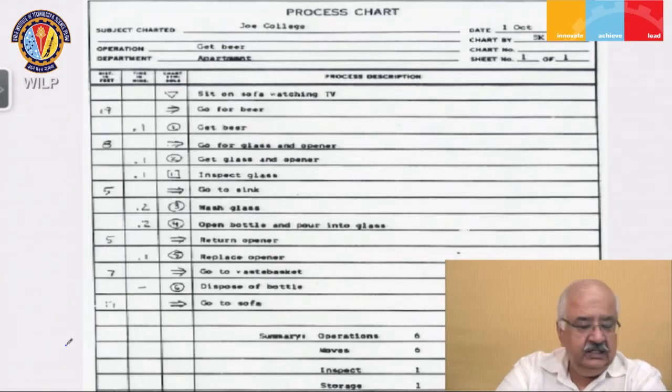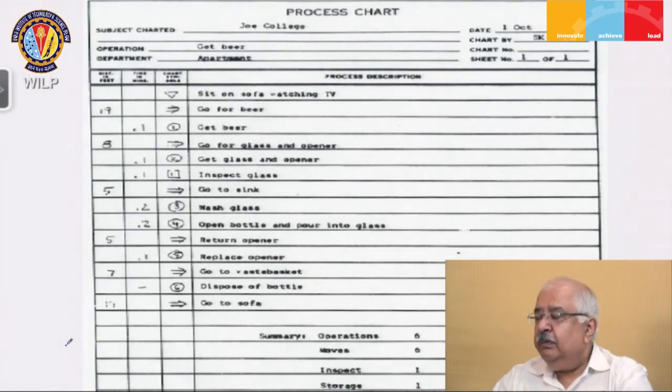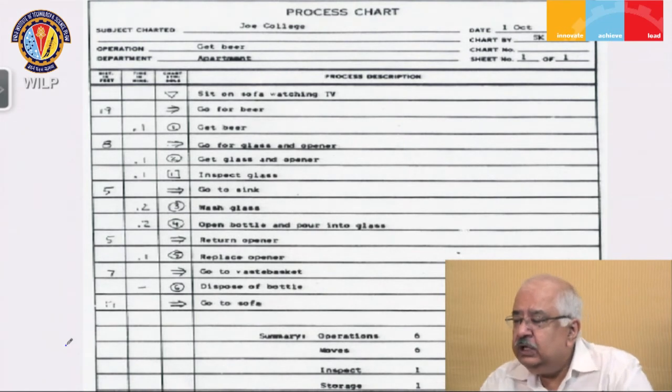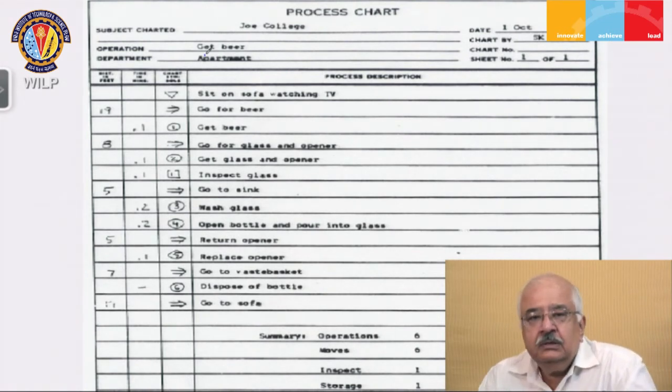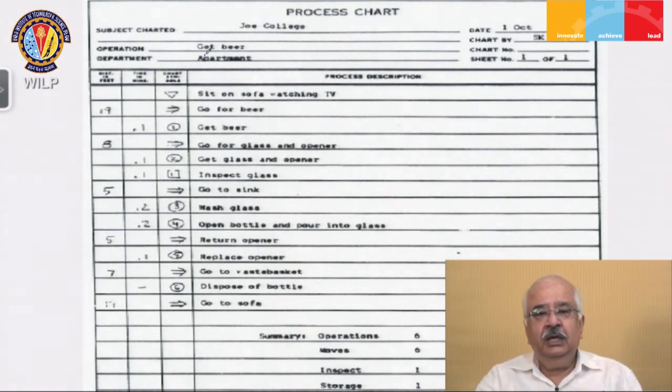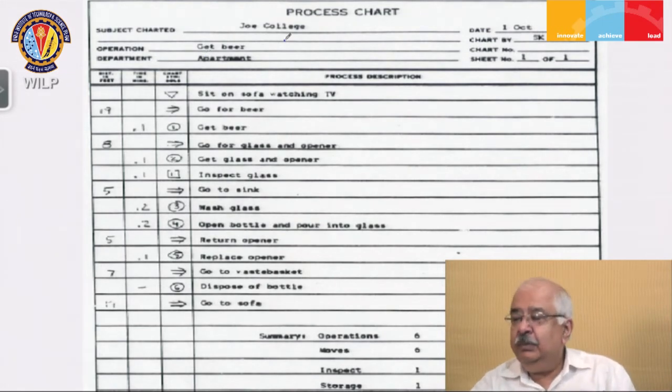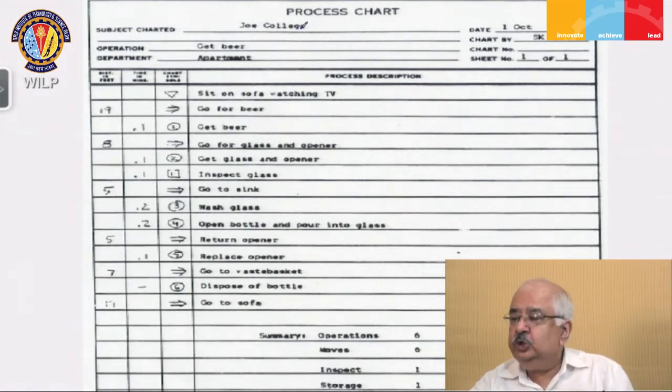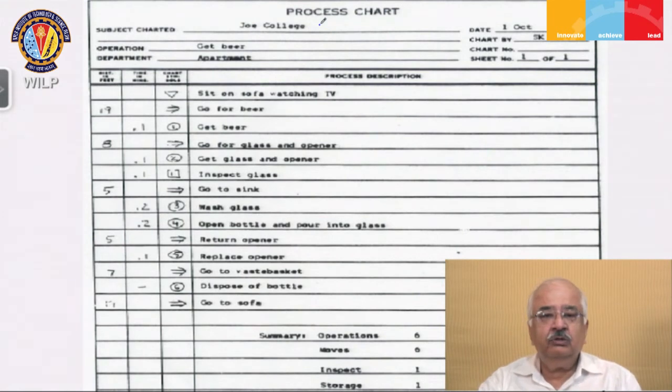Now this is an example of a process chart, and what you see over here, the activity that is being done is getting beer. So a person, Joe College, is, let's say, sitting on a sofa watching TV, and now his task, the process, is to get beer.